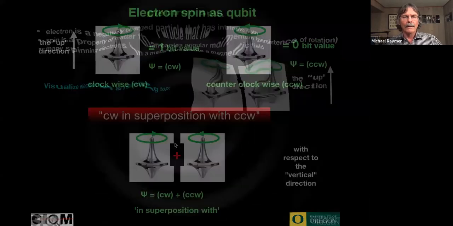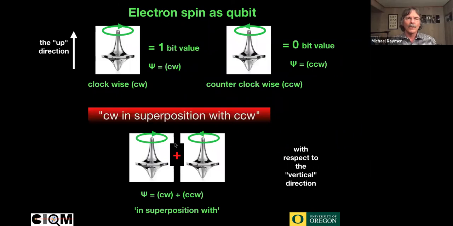But now, let's talk about electron spin as a qubit. So it's not the electron that's the qubit, it's the spin of the electron that's the qubit. That's what codes it. So we have this electron. Because we're the engineers who built the machine, we can say, I define spinning clockwise as a logical bit value of 1.